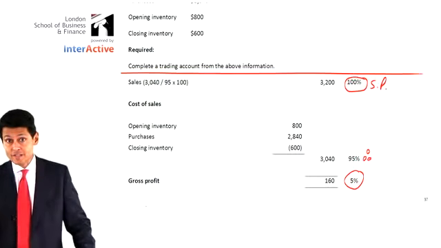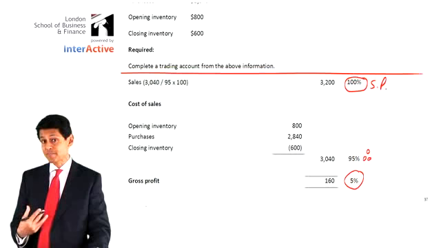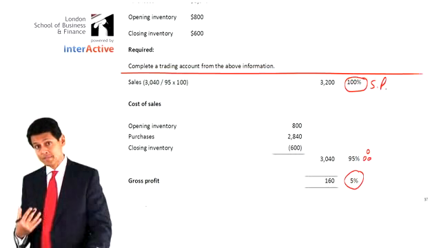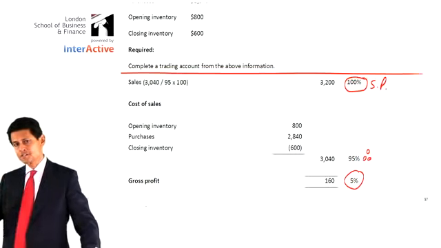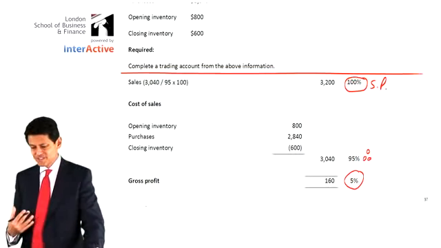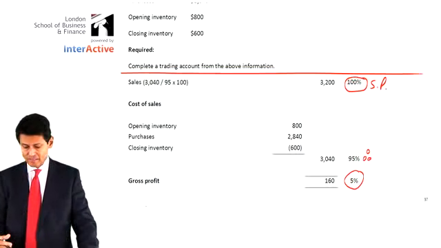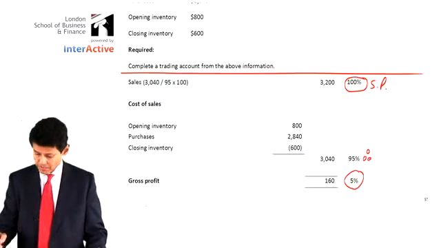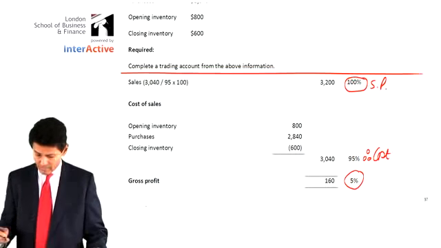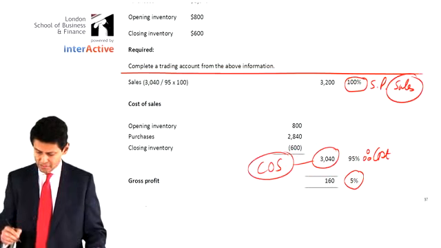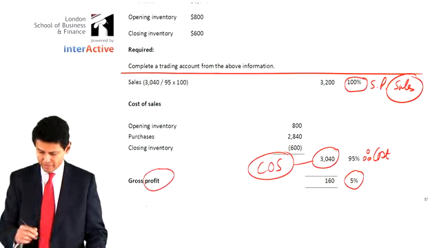Where it's described on selling price is described as margin, where it's described on cost is described as markup. So let's say 5% of 100 is 5, obviously, and 95% therefore must be the cost price. And cost of sales, of course, is this figure here. Upstairs you have sales. This is the cost of sales, and this, of course, is the profit.